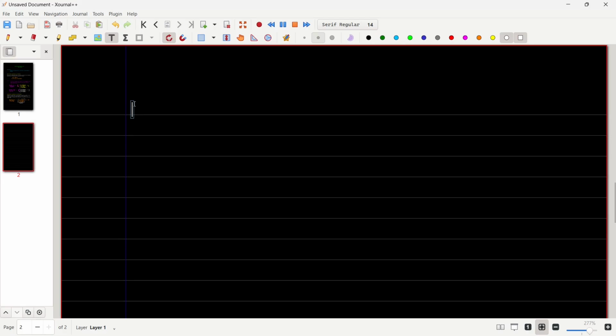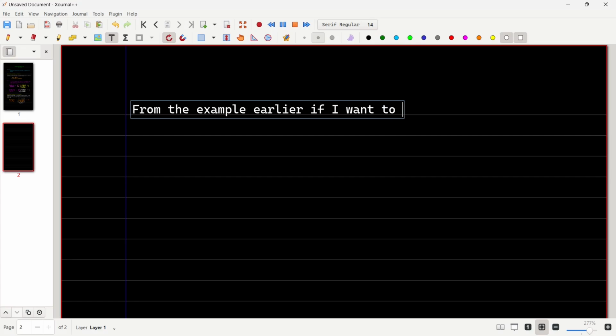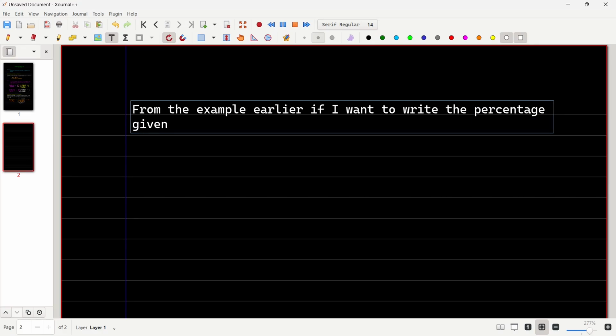All right, so let me just put next page. Well, from the example earlier, if I want to write the percentage given to my daughter and the percentage I kept, then what I would do is I would take the fraction and multiply it.